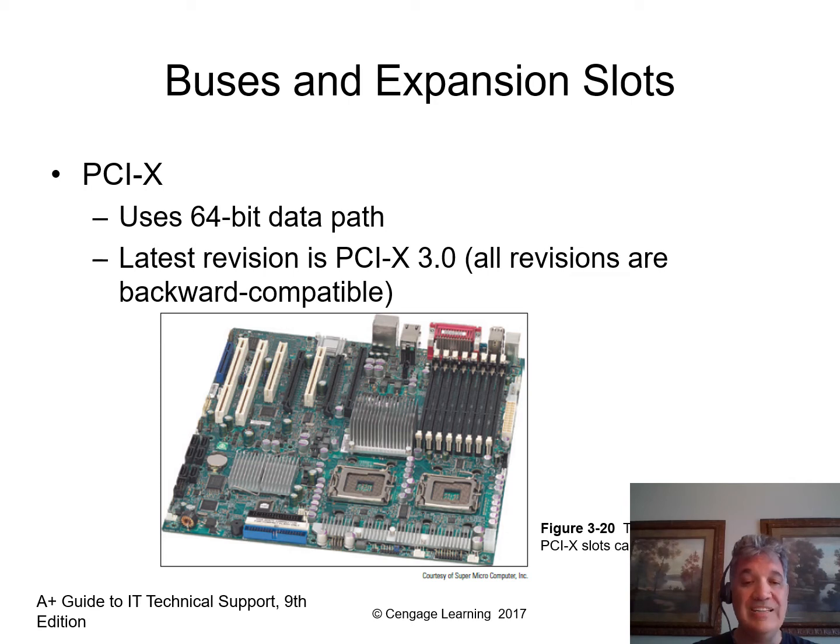Also, because this is further away, here's your CPU in the middle, right? Sorry, that's not your CPU. That's probably your North Bridge. You've got dual sockets here. Because these are further away from the CPU, it's likely that these are intended for slower speed devices.